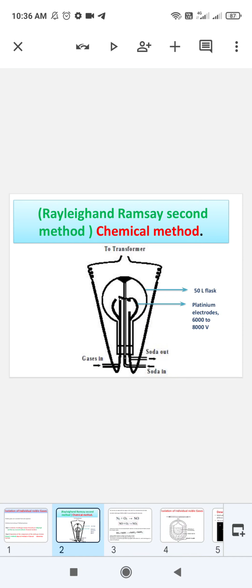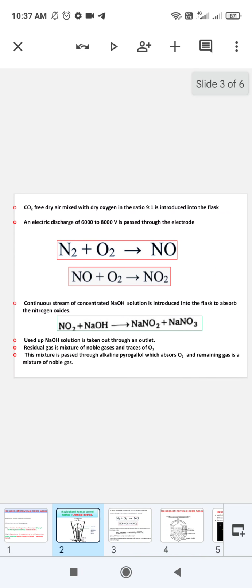Then two platinum electrodes with a voltage of 6000 to 8000 volts are applied, and due to this high voltage, the nitrogen in the presence of oxygen in the atmospheric gas is converted into NO and NO2. See the equation.